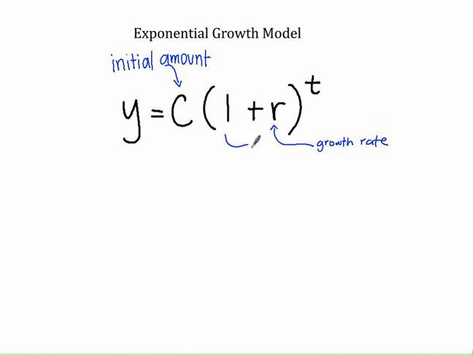And this 1 plus R is our growth factor that we talked about, where you just add or subtract. Obviously, if R was a deduction, then it would be a negative R. And T is going to be the time period. So just pay attention to whether it's in days, hours, months, years. It works for any of them, but they just have to be in the same unit, or whatever the question's asking for in your answer. Okay, so we're going to be using this for our next few problems.